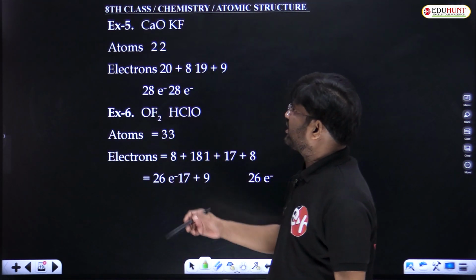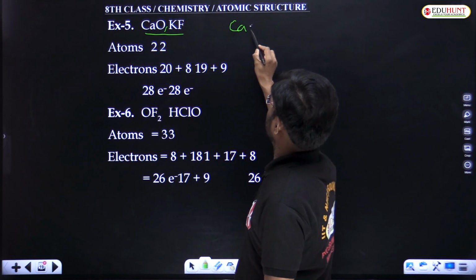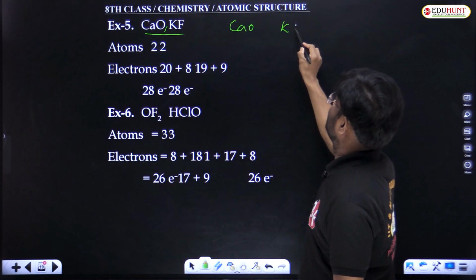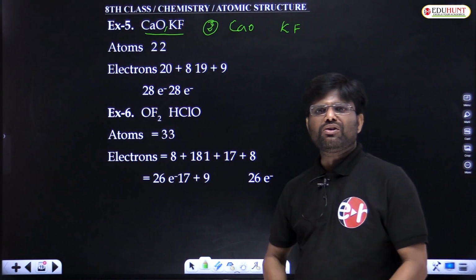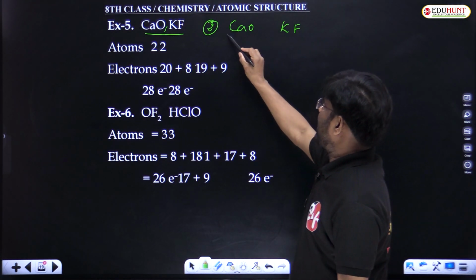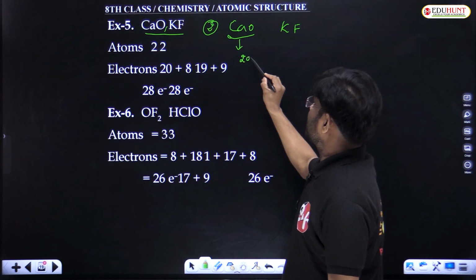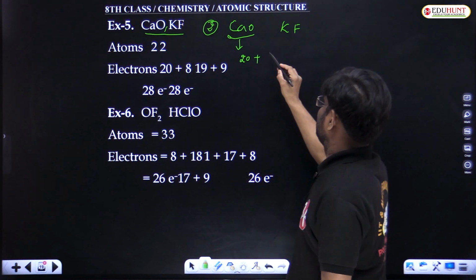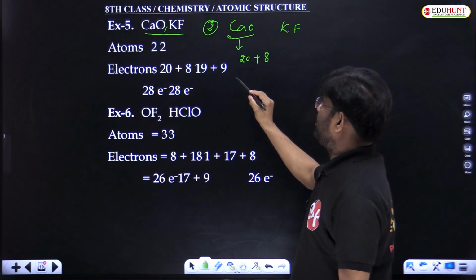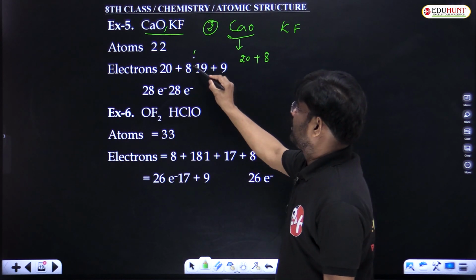Some more examples. CaO, calcium oxide, and KF. Calcium atomic number 20, oxygen atomic number 8, 20 plus 8, 28.